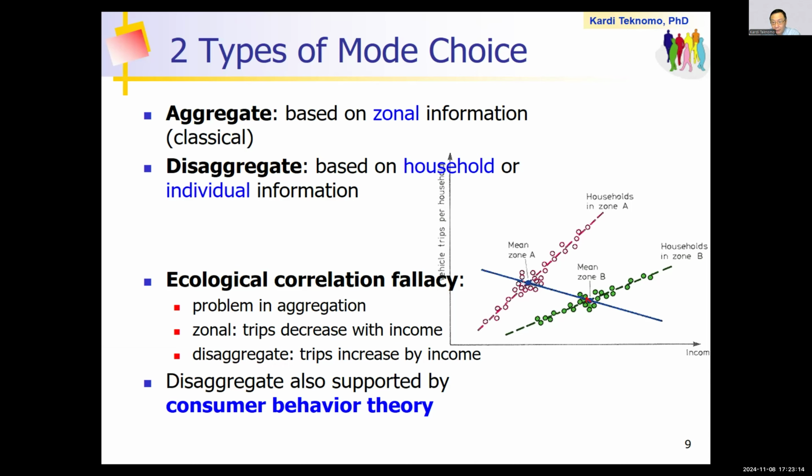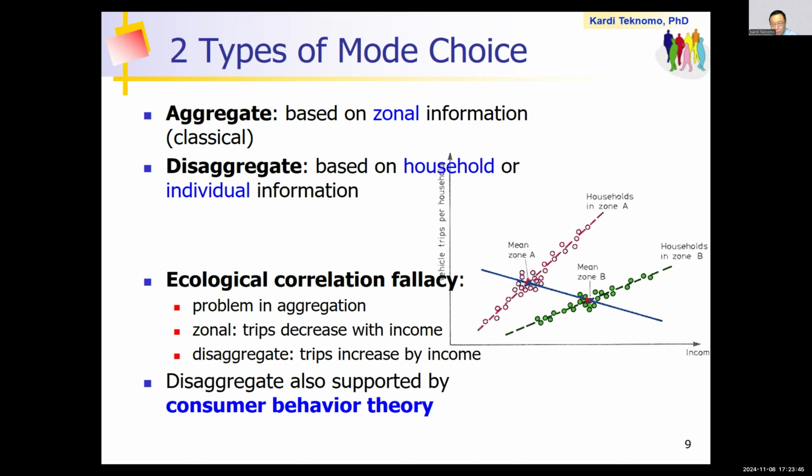But when you use data based on household or individual in zone A, based on income and vehicle trips per household, this one is actually a positive tangent. And the green part also, household income versus vehicle trips per household, is also positive.